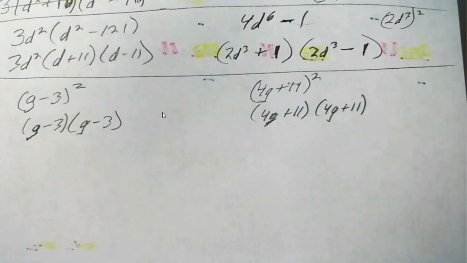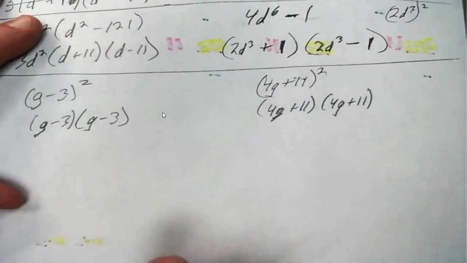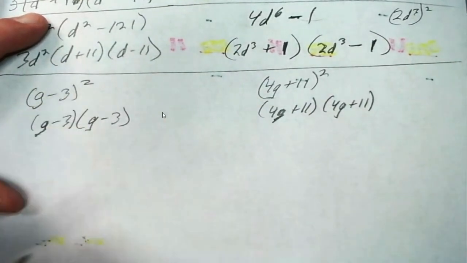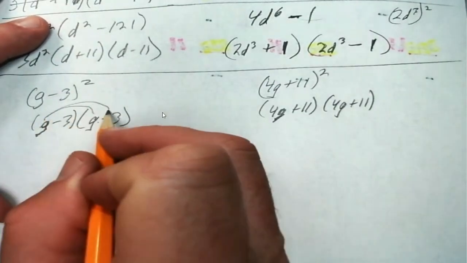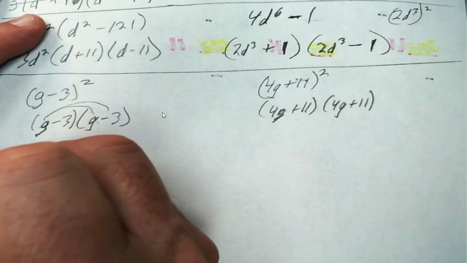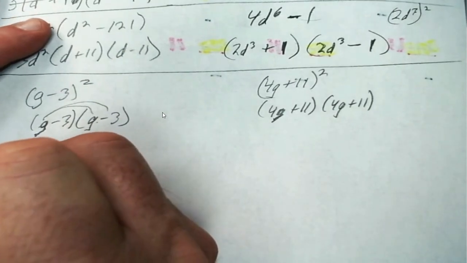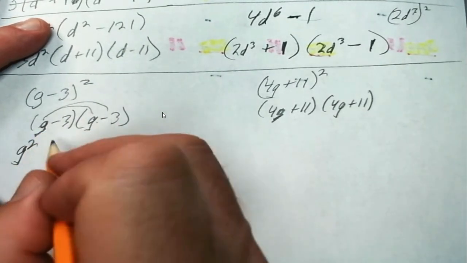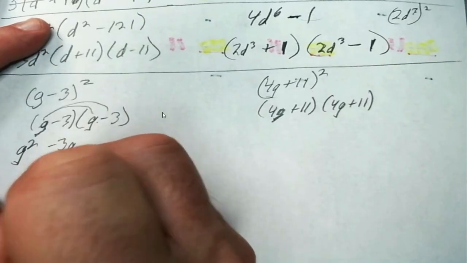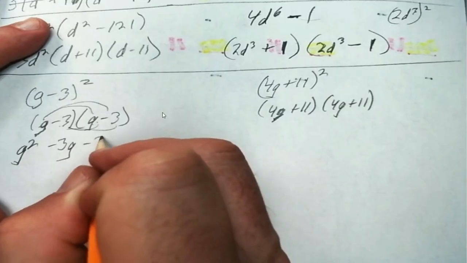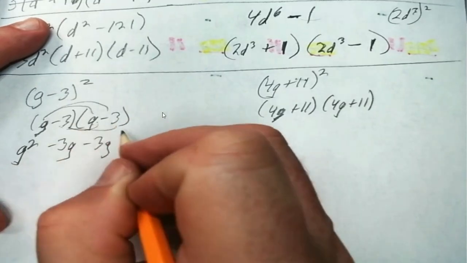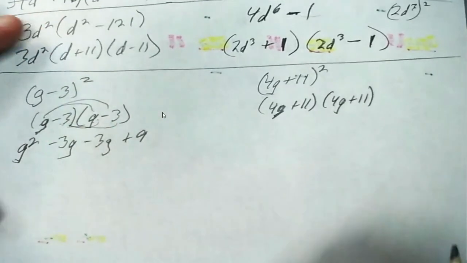So what do we get when we square a binomial? Let's distribute. G times g is g squared. G times negative 3 is negative 3g. Negative 3 times g, we distribute in these two. And negative 3 times negative 3 is a positive 9.